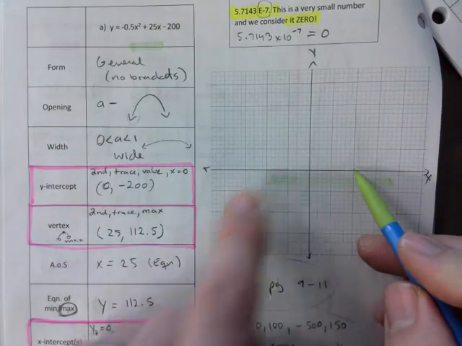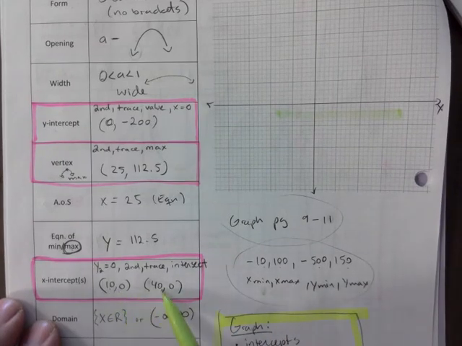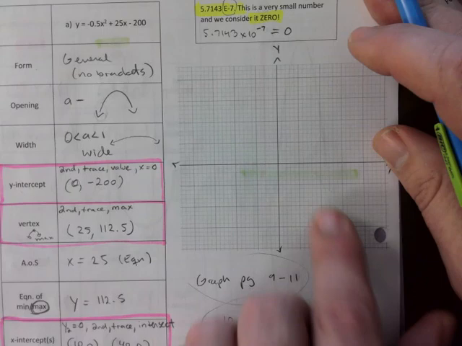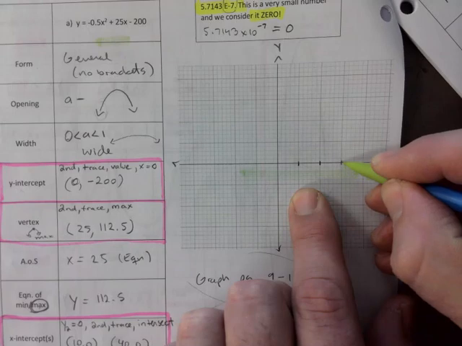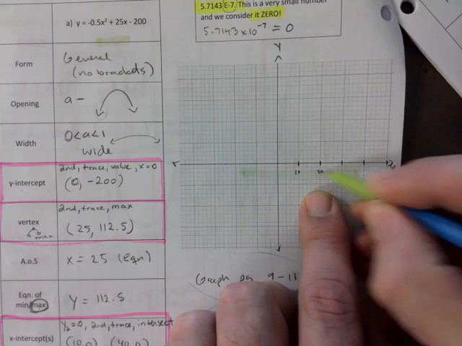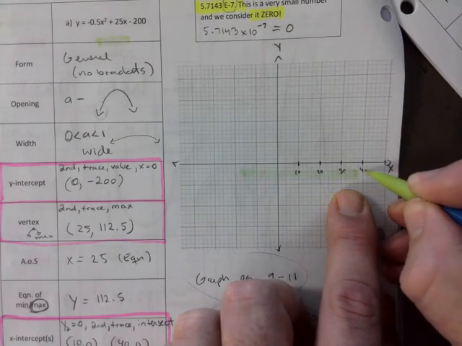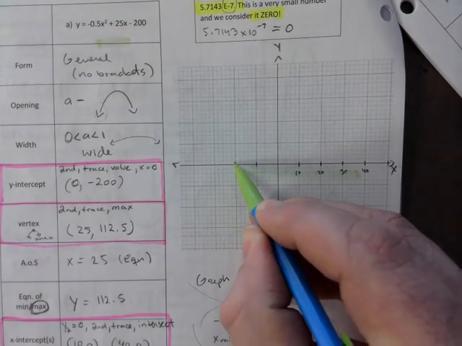What are my x-intercepts? 10 and 40, correct? So you use something that works for you. I'm going to go up by 10. As long as you're consistent, you're fine. So I'm going to call this 10, 20, 30, 40. It's very easy on this grid to do it, and we'll do a couple going into the negatives.